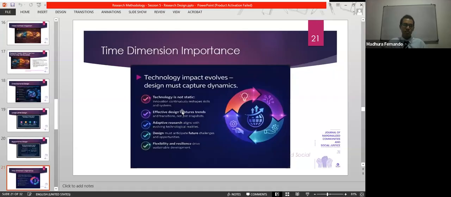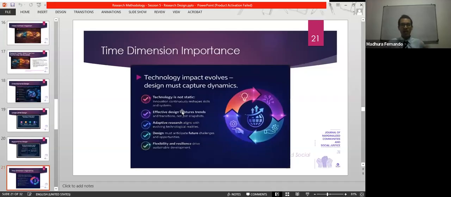So you have to adjust yourself according to these changes. Technologies are changing over and over again. So it reshapes the skills and the types of skills required, and your cognitive abilities. The required cognitive abilities are also changing when the technologies are changing.